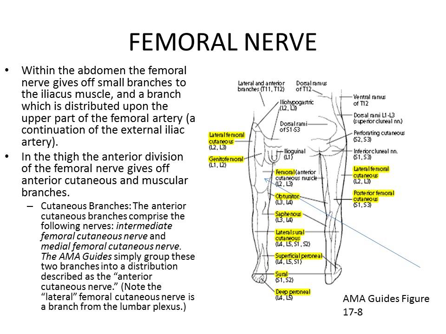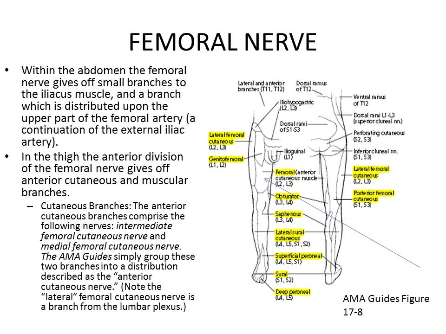Now, with regards to the cutaneous branches, the anterior cutaneous branches comprise the following nerves. It comprises both the intermediate femorocutaneous nerve and also the medial femorocutaneous nerve. Now, the AMA guides don't describe those two contributions.